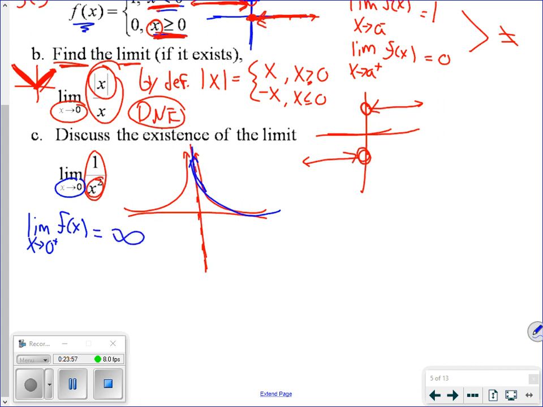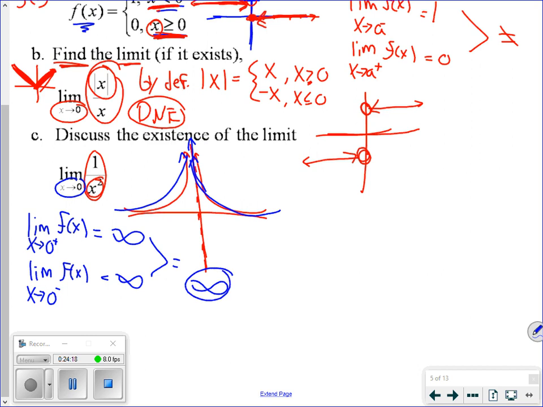It's just going up and up and up forever. Well, what happens if I ask for the limit approaching 0 from the left side, as I come in from the left? Well, again, that's going to positive infinity. And since those values are equal, the generic limit is also equal to infinity.